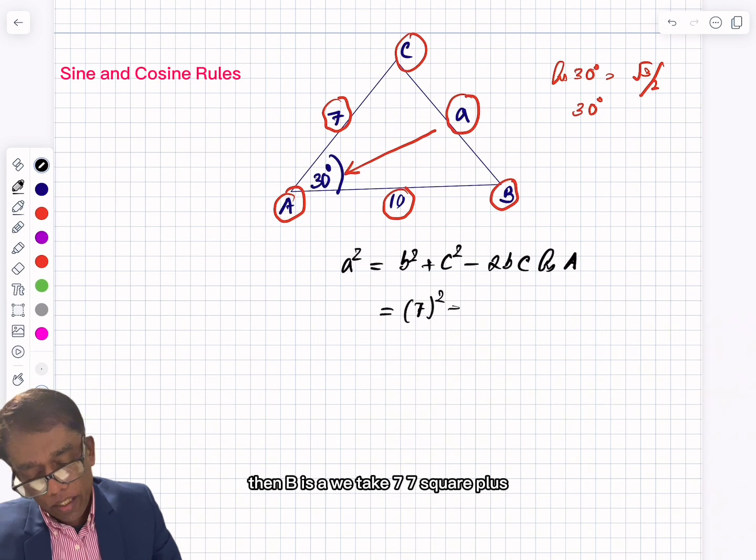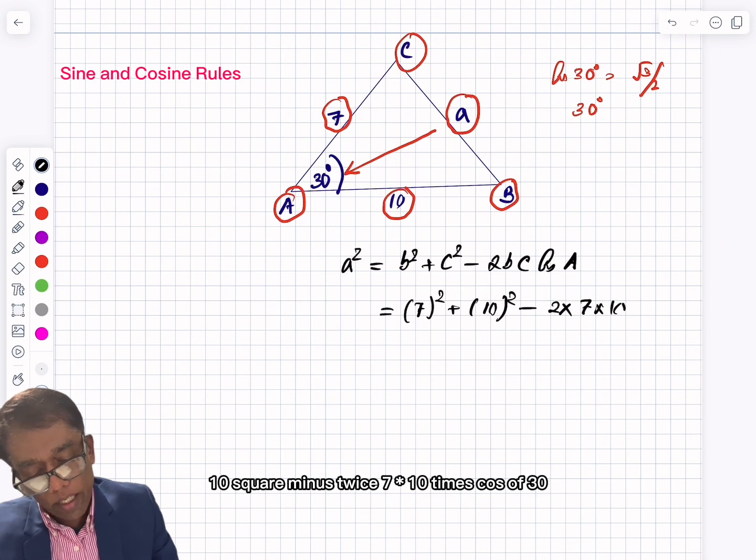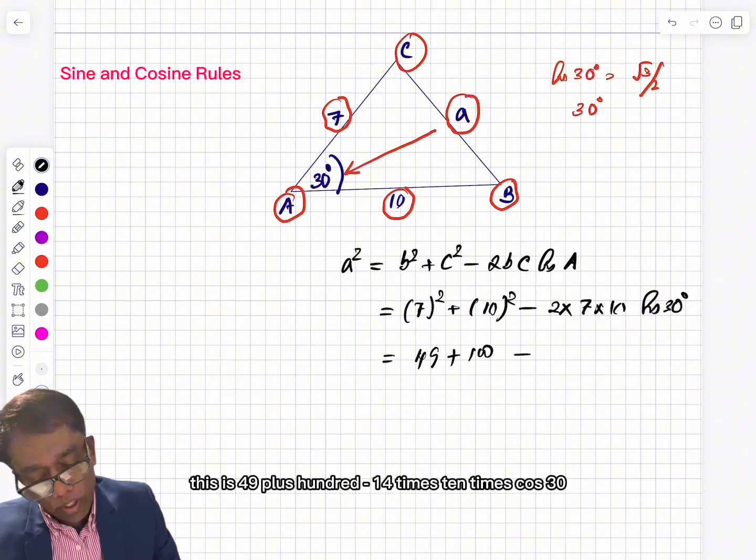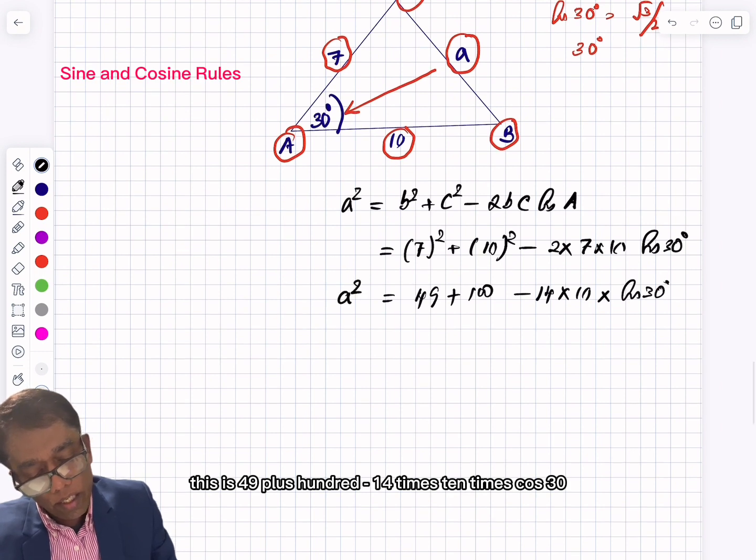Then, taking 7 squared plus 10 squared minus 2 times 7 times 10 times cos 30, this is 49 plus 100 minus 14 times 10 times cos 30.